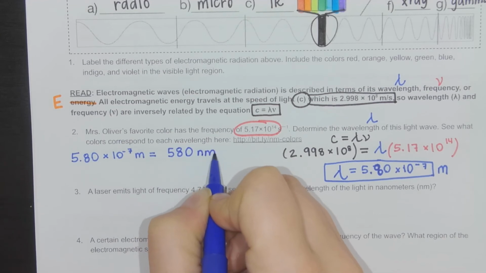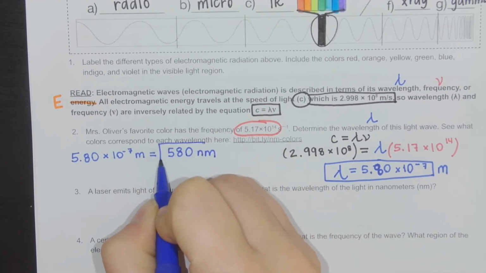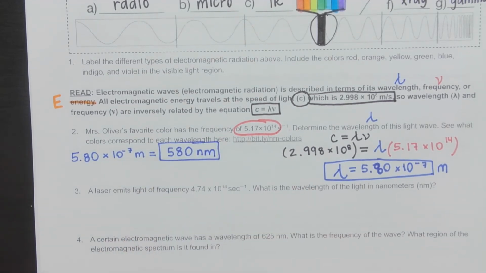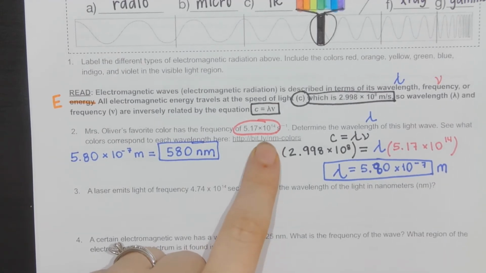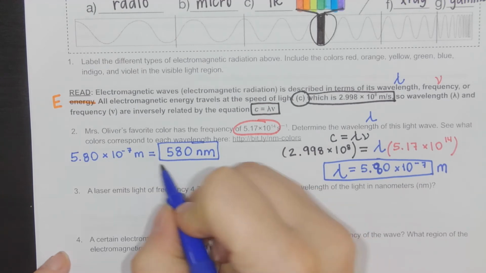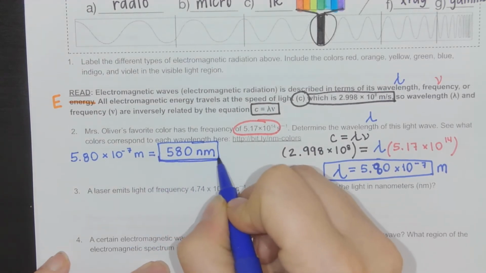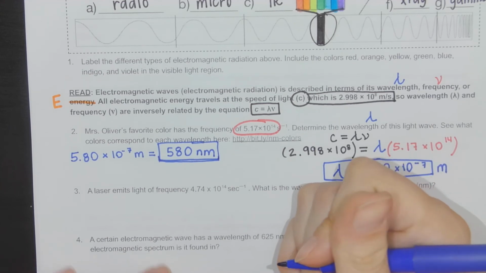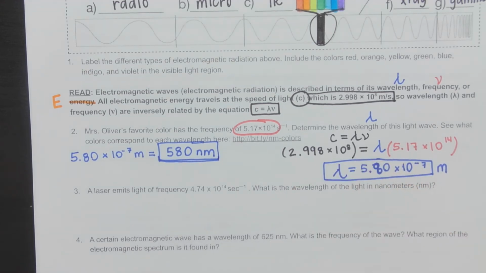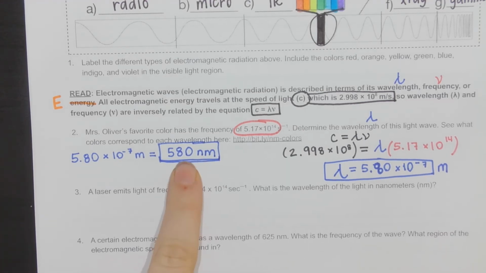So here's the final answer. 580 nanometers, that's my favorite color. And if you go to this link, you follow that through, you'll see that 580 nanometers corresponds to a mustard yellow sort of color. Find your favorite color. Then you can be that nerd at the parties that's my favorite color is 580 nanometers.